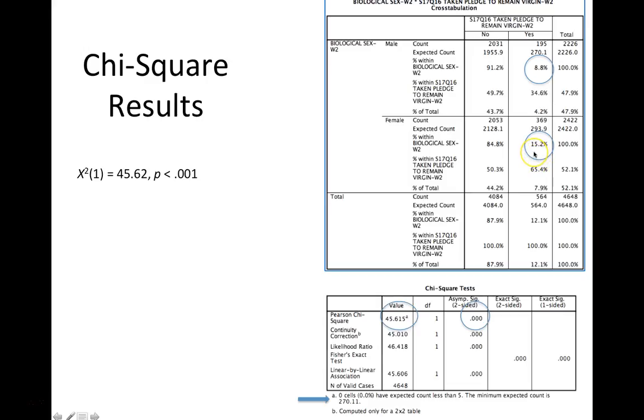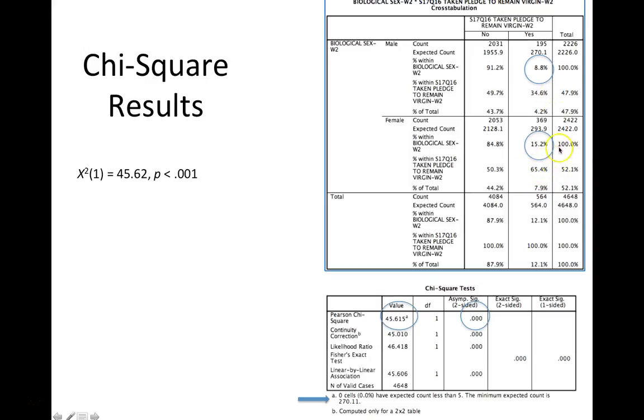The question that we want to know is, are males or females more likely to take a purity pledge or virginity pledge? If we look at this other percentage down here, the percentage within taking a pledge to maintain one's virginity, within those who took a pledge, we can say that 34.6% of those are male and 65.4% of those are female.